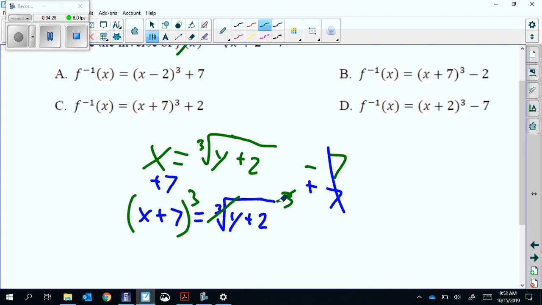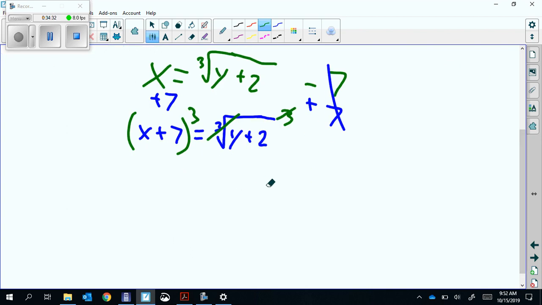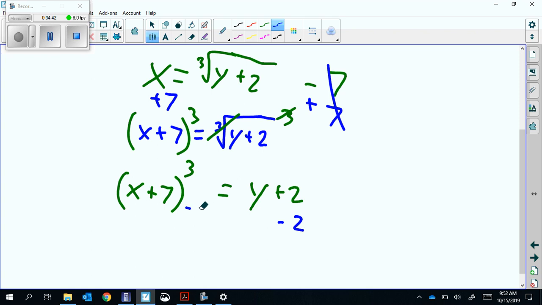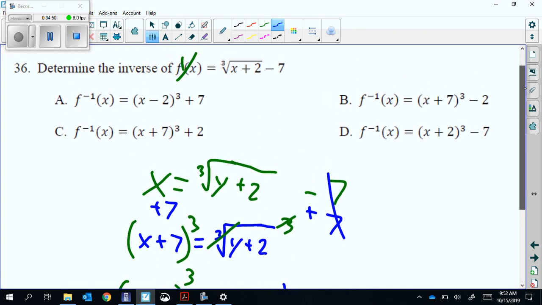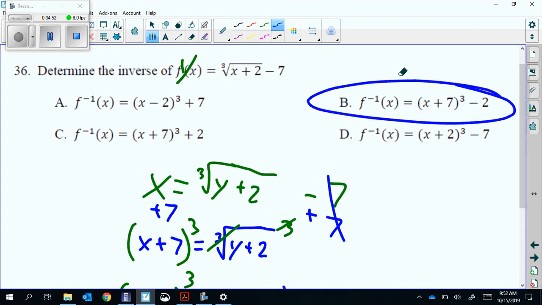We have x plus 7 to the third, and then we have a y plus 2 here. To finish this off, we have to subtract 2. So x plus 7 to the third minus 2. B.